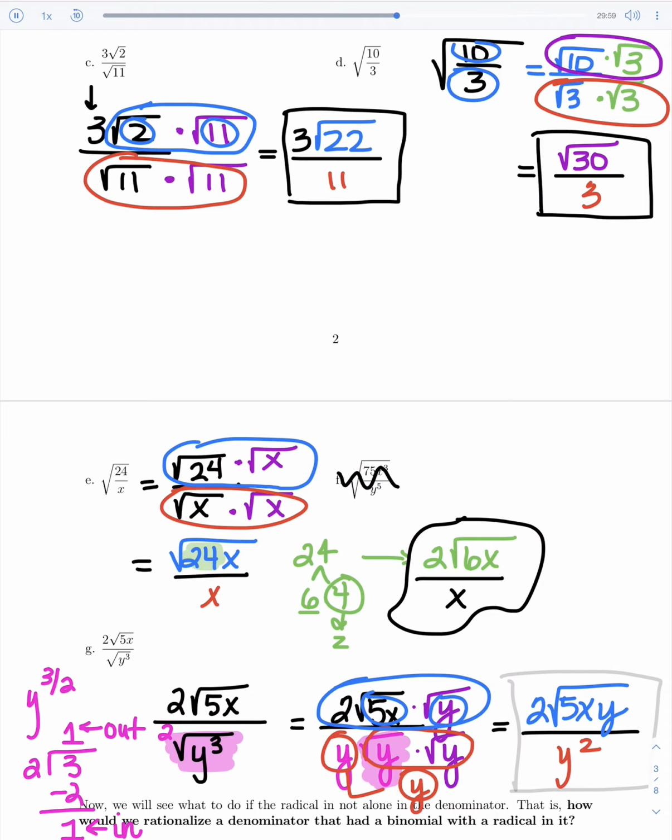Notice, again, just like the last problem, I can't cancel out that y that's on top with any of the y's on the bottom because the y that's on top is inside of a square root. Meanwhile, the ones on the bottom are outside of a square root. So they can't be mixed and matched. Think of that square root as a big barrier you cannot cross. So our final answer is 2 square roots of 5xy over y squared.